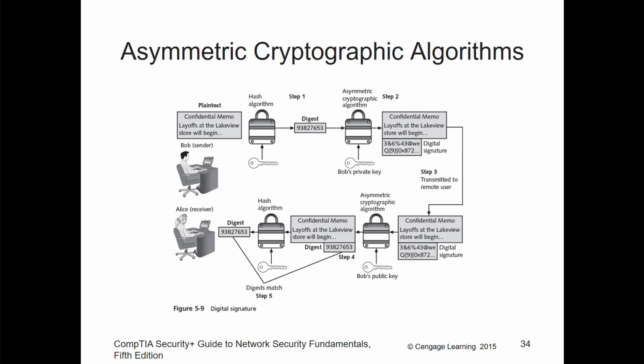She will then break it down, use the hashing algorithm to verify, and be able to get the digest of the message. That way, when she actually gets the message, if she runs the hash against it, the digest should be the same.